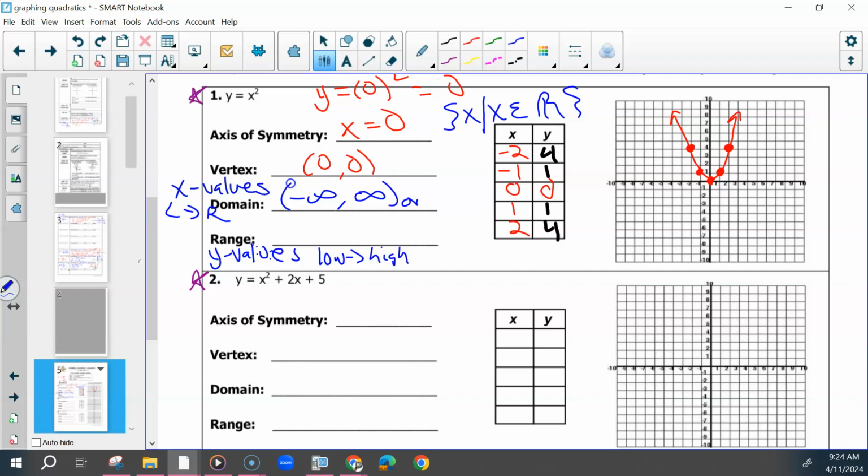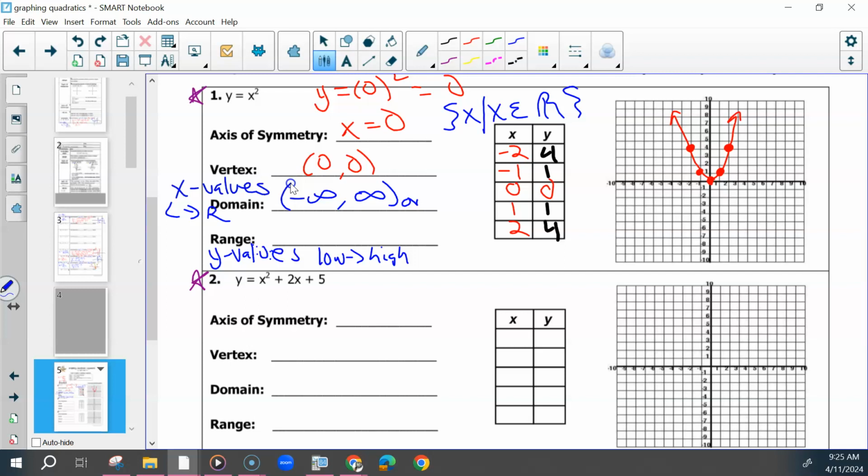This reads x such that x is an element of all real numbers. They mean the same thing, negative infinity to positive infinity, but you may see one or the other, and you have to know that they mean the same thing. Questions on domain? So domain will always be the same for us.